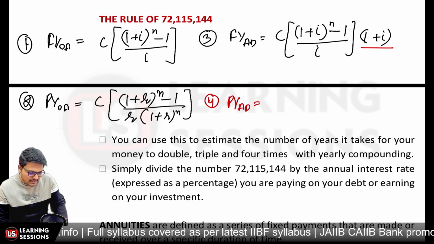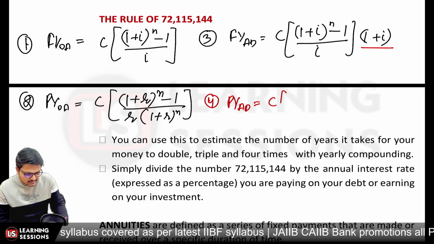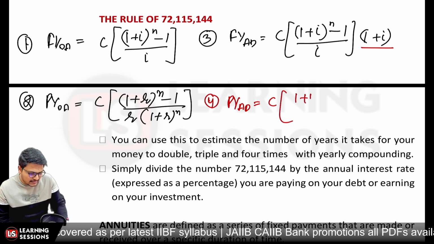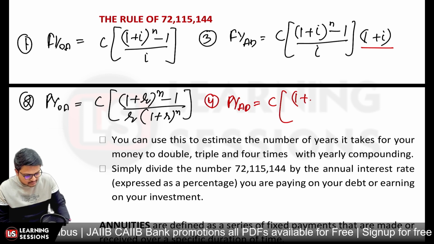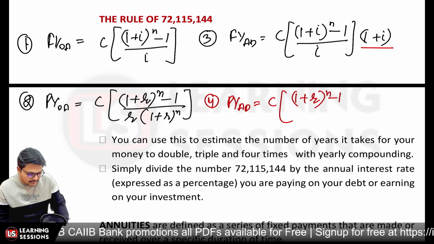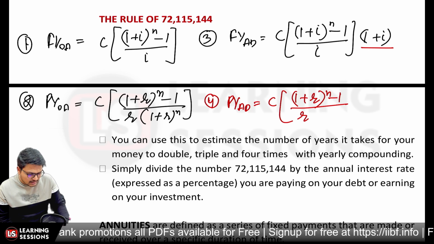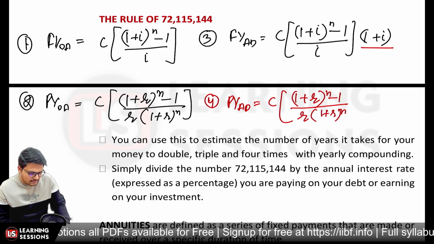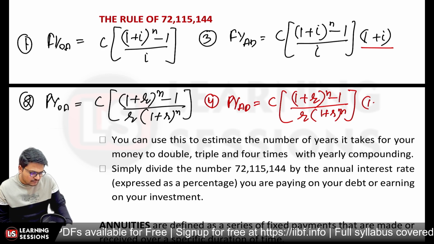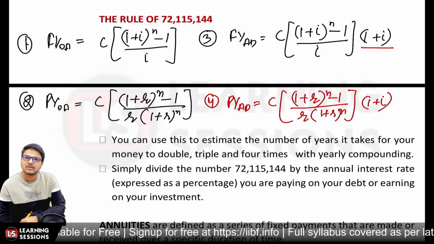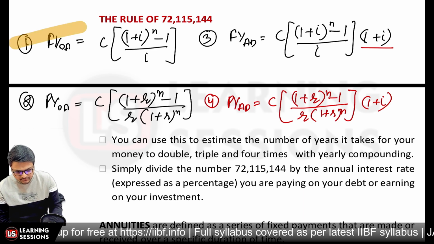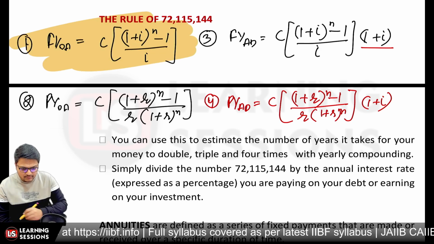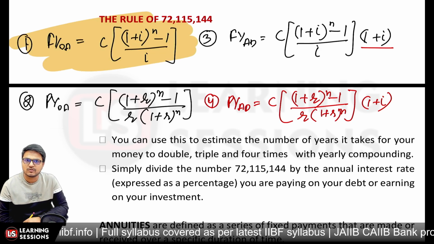Present value of annuity due, same formula: C into 1 plus I raised to power n minus 1 divided by I; because we are going to calculate the present value, I will be replaced with R. So it is C into (1 plus R raised to power n minus 1) divided by R into 1 plus R raised to power n, and again 1 extra 1 plus R. That's it. So these are the four formulas that you can memorize from the single formula over here.